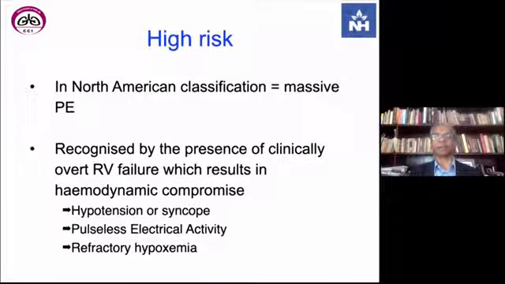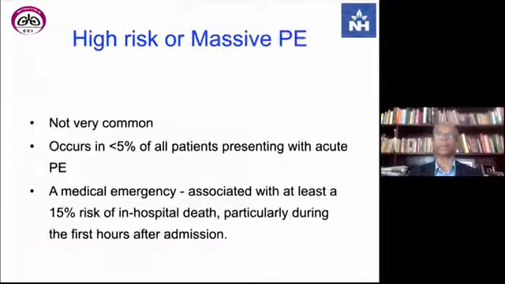It could be pulseless electrical activity, which will present as a cardiac arrest, or it could present with refractory hypoxemia, despite everything you're doing to improve the oxygen level. So people with hypotension or syncope, or a cardiac arrest, or refractory hypoxemia, all could be classified as having high-risk PE, or massive PE in the North American classification.